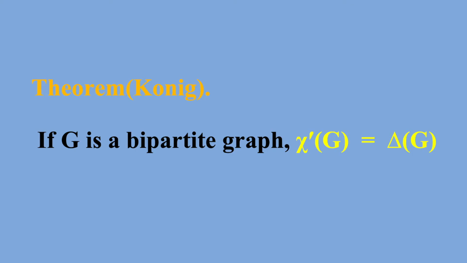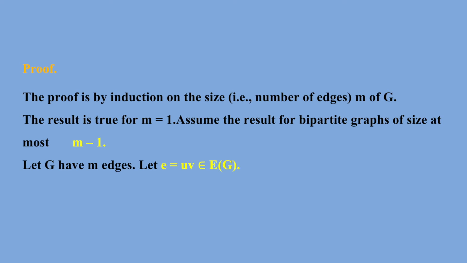Let's see a theorem. If G is a bipartite graph, then chi dash of G is equal to the maximum degree delta of G. Let's see the proof now. The proof is by induction on the size, that is the number of edges m of G. The result is true for m equal to 1.